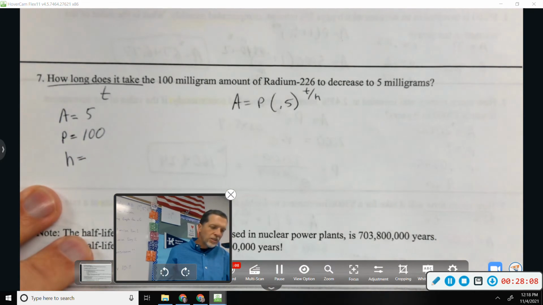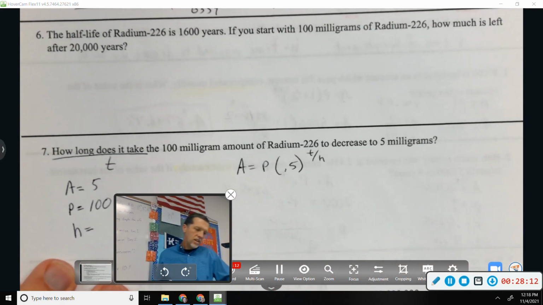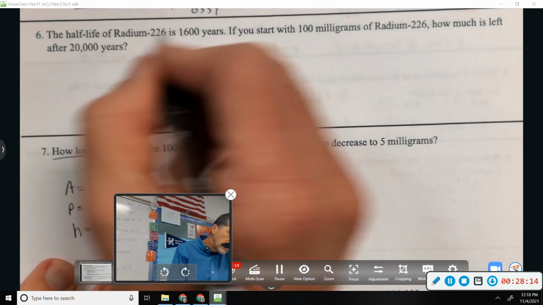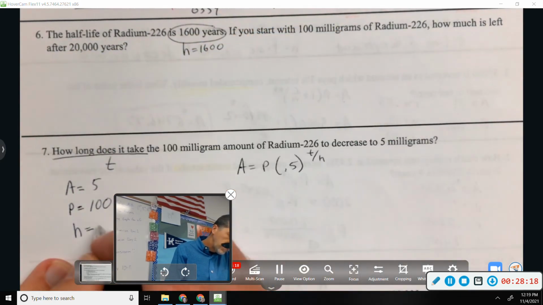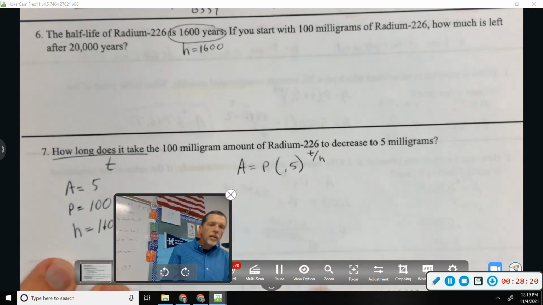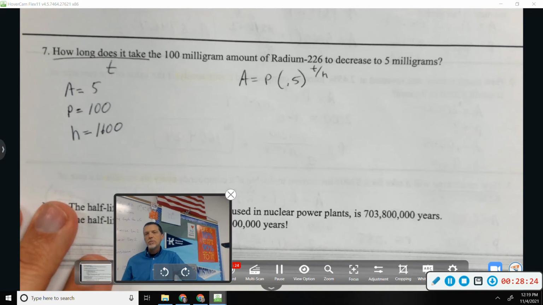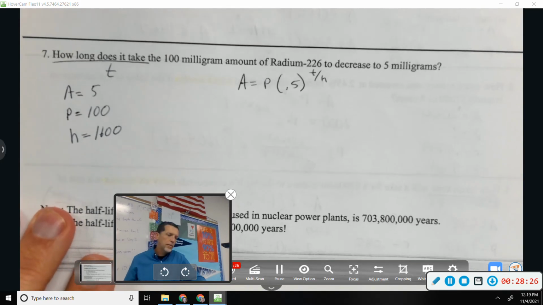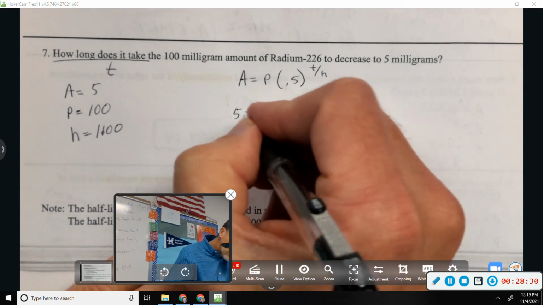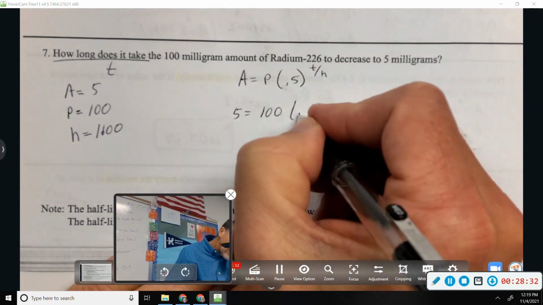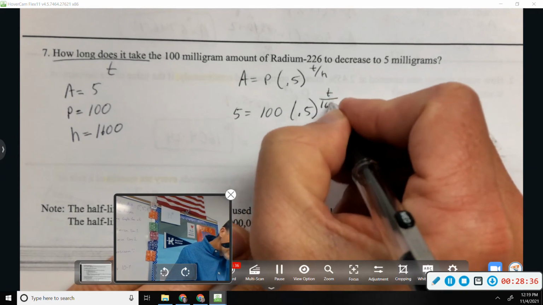Oh, this is a little bit tricky because the half-life is given in problem 6. The half-life of radium is 1,600 years, so that's H. That means it takes 1,600 years for radium to decay by half. So 5 equals 100 times 0.5 to the t over 1,600.